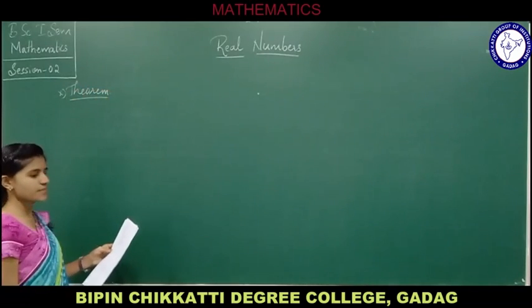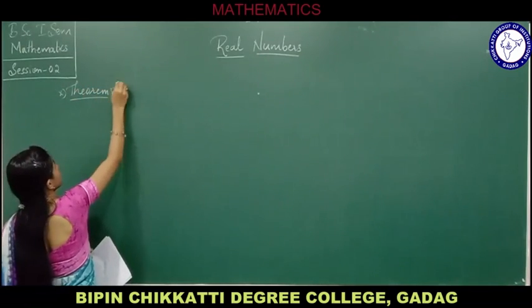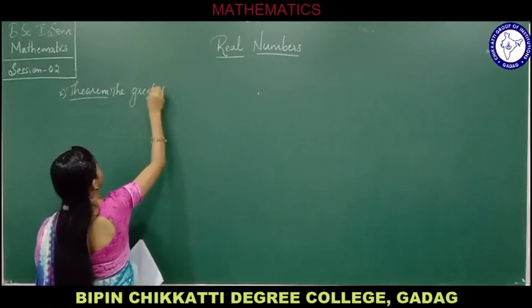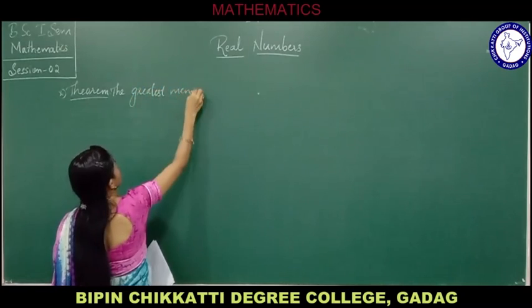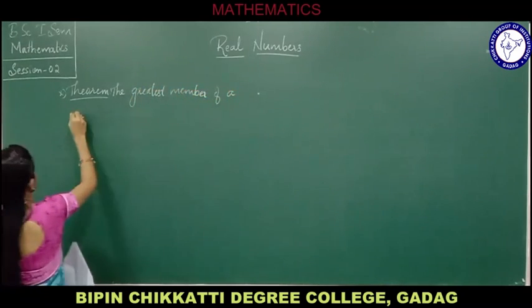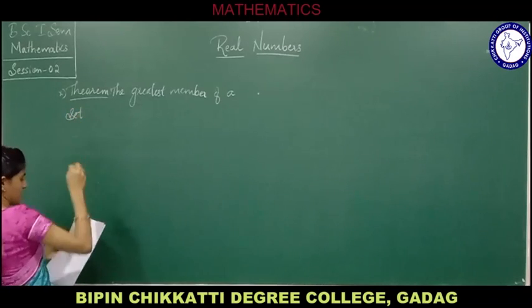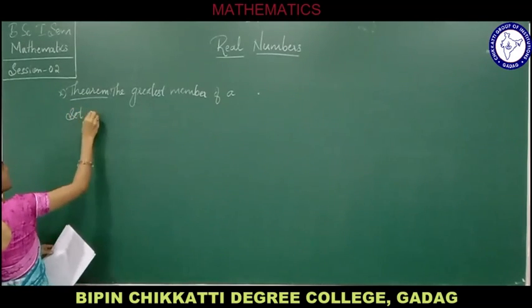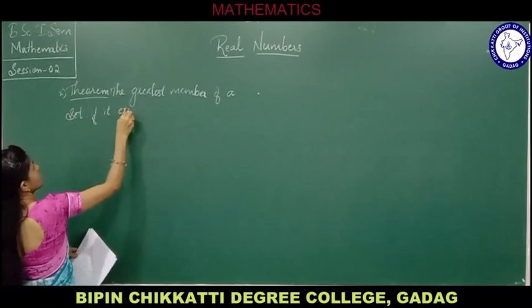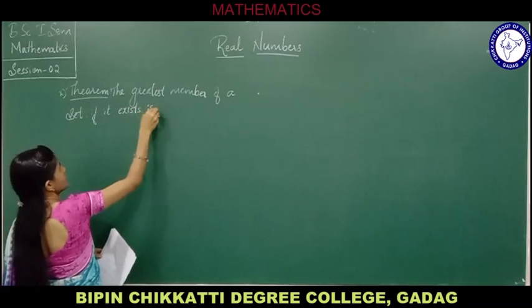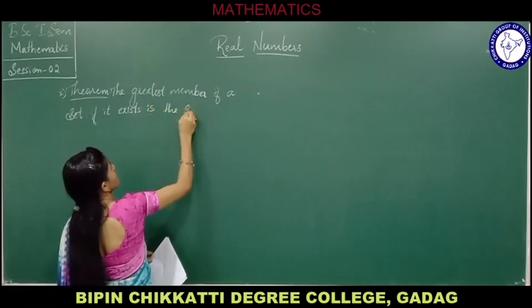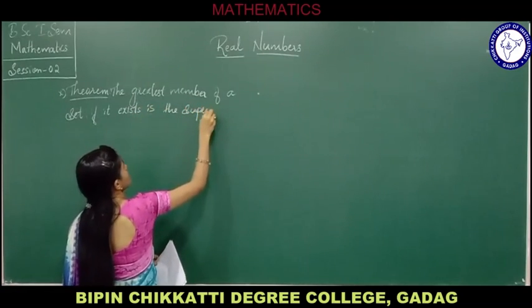The greatest member of a set, if it exists, is the supremum.